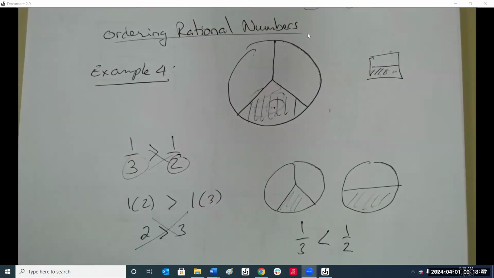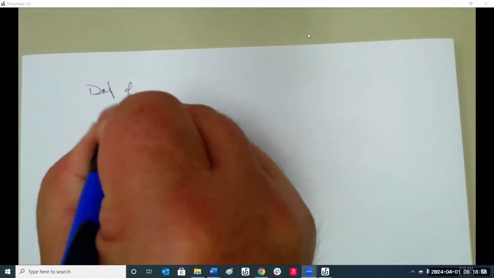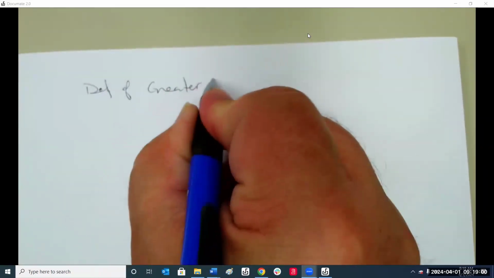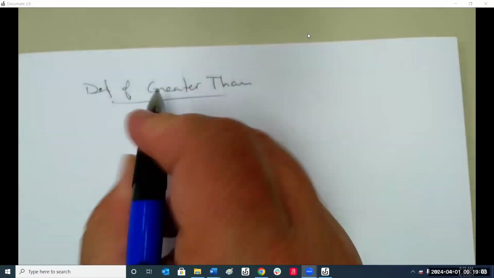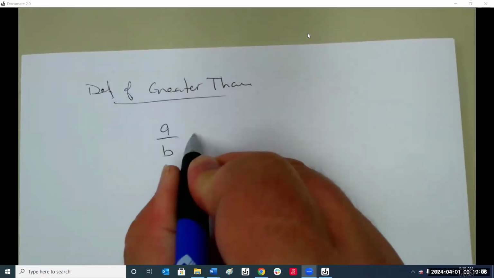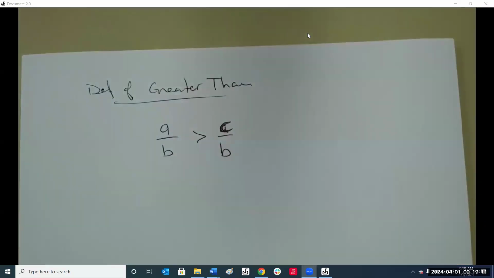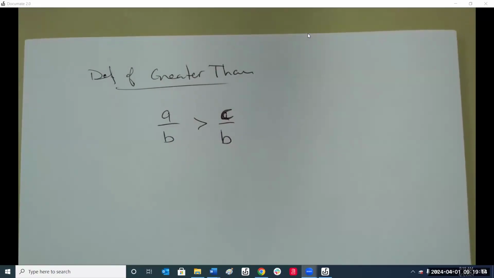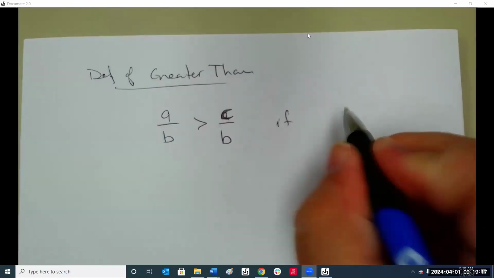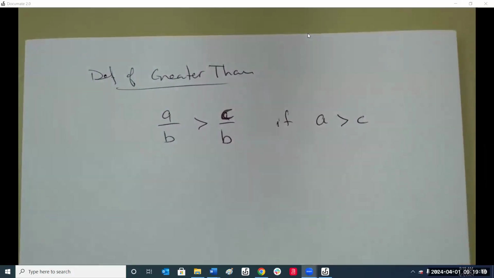You know the definition of greater than? A over B is greater than C over B if A is bigger than C, if and only if.